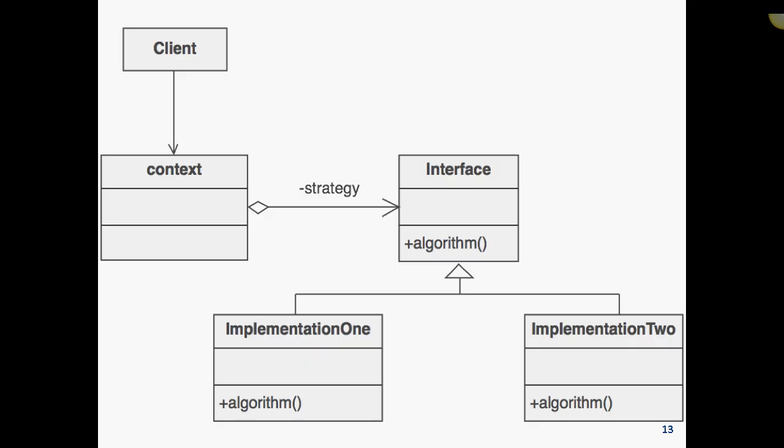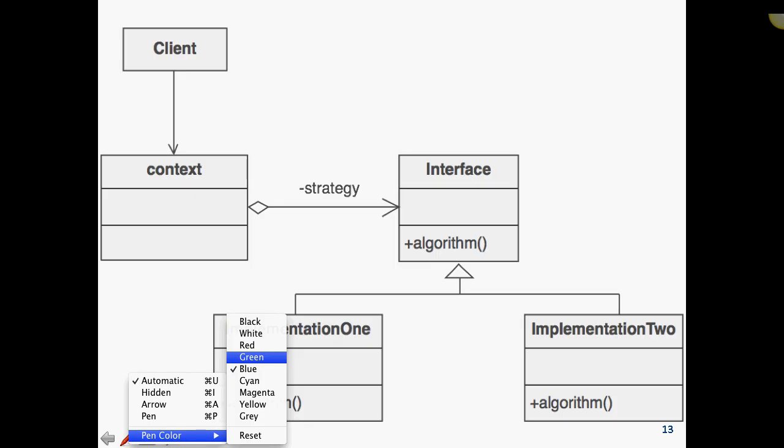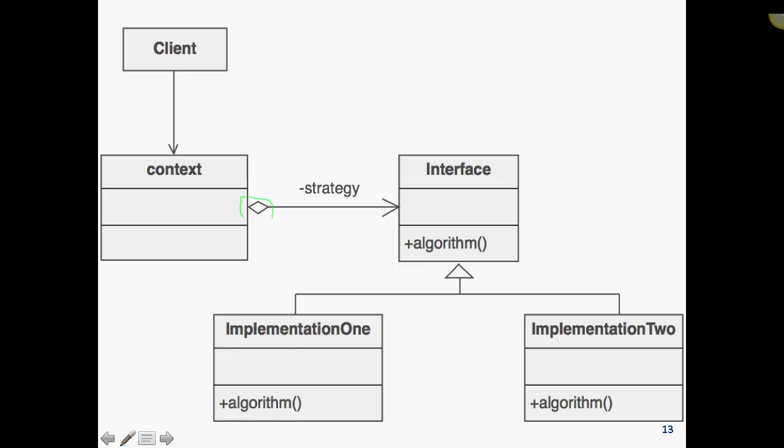So here's the basic idea. The client uses whatever context they may arrive at in order to select the strategy for the algorithm which implements an interface. What we see here, I don't know if you're familiar with the UML, so we'll just take a little bit of time to explain it. This is composition.